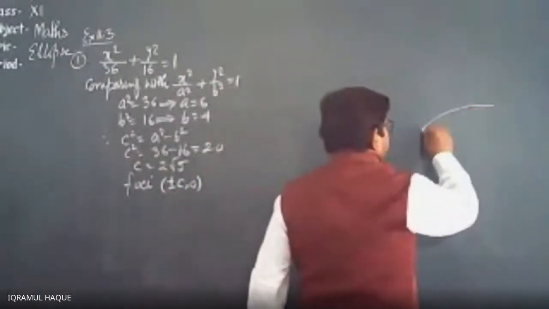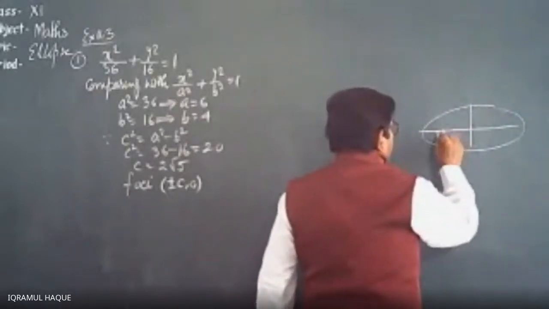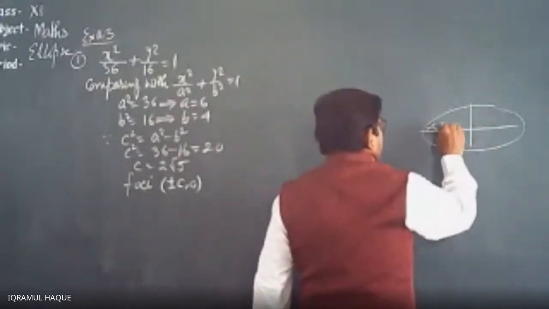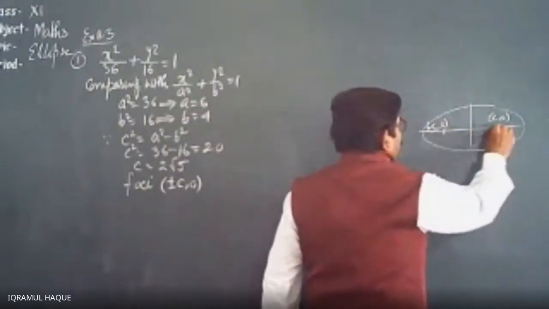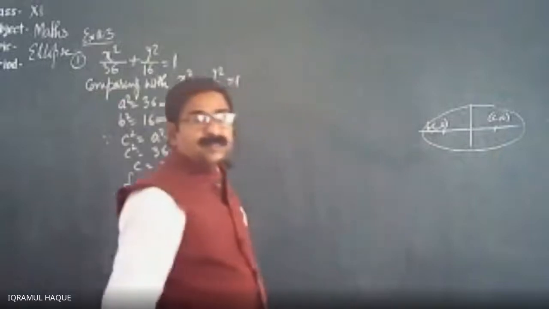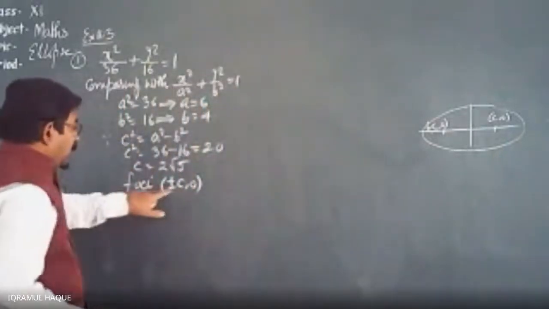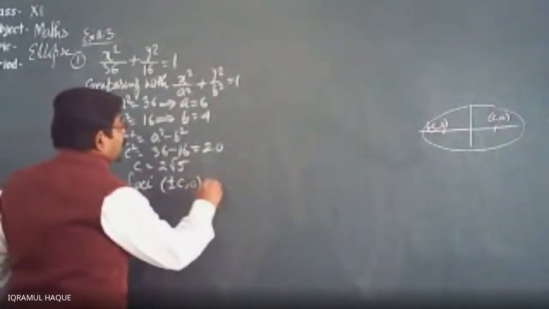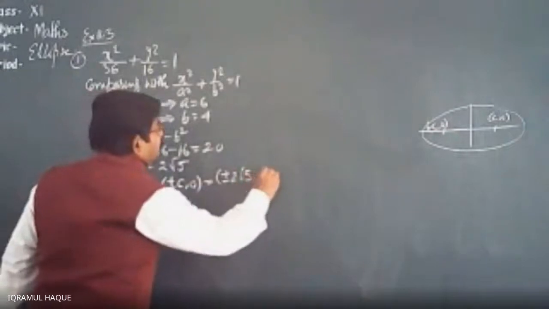So we have, see the formula, foci plus minus c, 0. You can check the figure here. This is minus c, 0 and this one is c, 0. So combined, foci are plus minus c, 0, which means plus minus 2 root 5 comma 0.